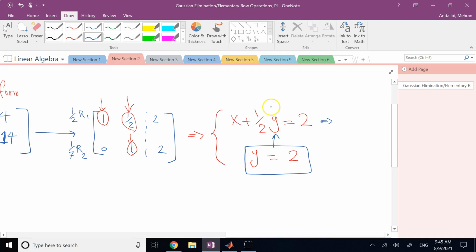This whole thing is going to be 1/2 of 2, which is 1. Take it to the other side, and x is 1. So you have one of the variables, and then you plug it back into the previous one to get the next one. If there is more, you keep doing that. It's called backward substitution.